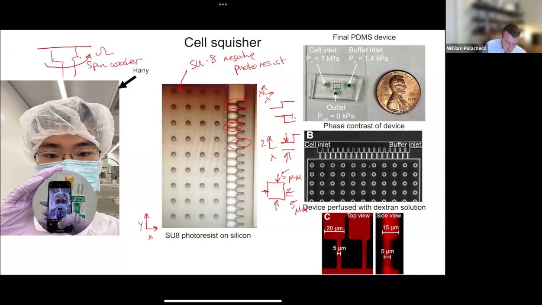Now, if I plop down a bunch of photoresist on top of my silicon wafer on a spin coater, then it turns out if I know the viscosity of the photoresist, then the angular velocity that I'm spinning the wafer will determine the resulting thickness of the photoresist for a given viscosity.